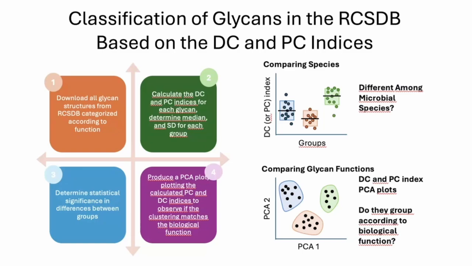Determining the statistical significance between the different groups, and doing the PCA analysis between those different groups to see, do the separate groups cluster separately, and also in addition to that, comparing the differences between DC and PC indices among different glycans to their 3D structure. So how do 2D comparisons compare to the 3D differences in glycans? Okay, next slide, please.